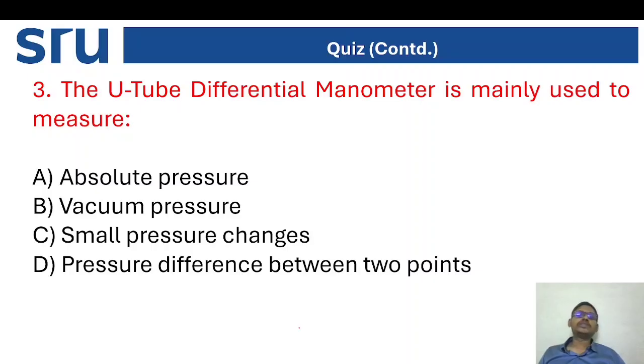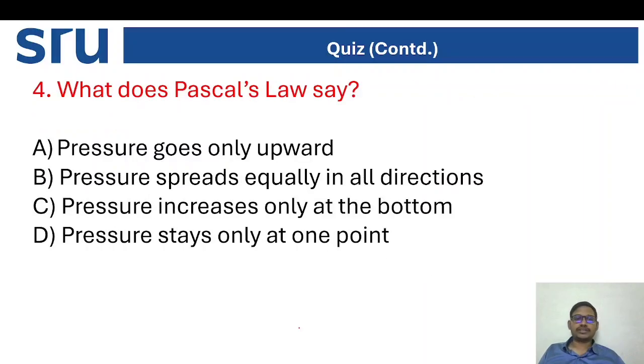The U-tube differential manometer is mainly used to measure absolute pressure, vacuum pressure, small pressure changes, and pressure difference between 2 points. That is also important.